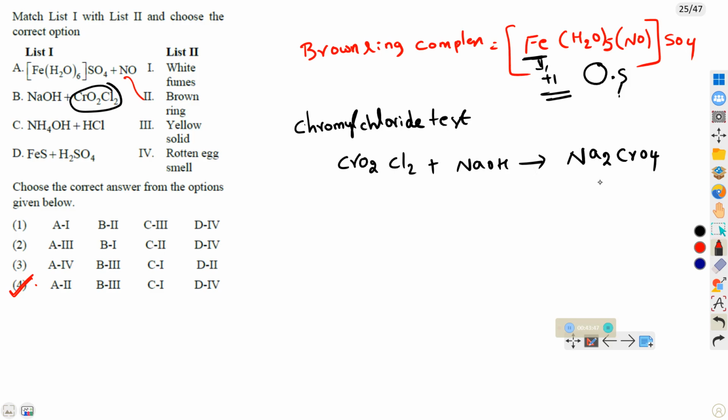Na2CrO4 is yellow color solid. Next, NH4OH plus HCl, then it gives NH4Cl, ammonium chloride, which appears as white dense fumes.